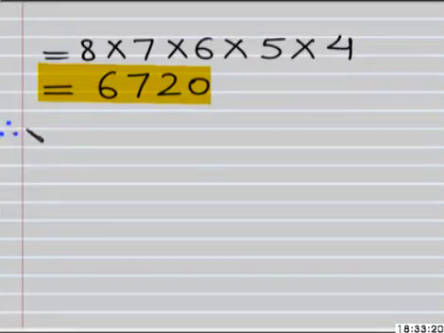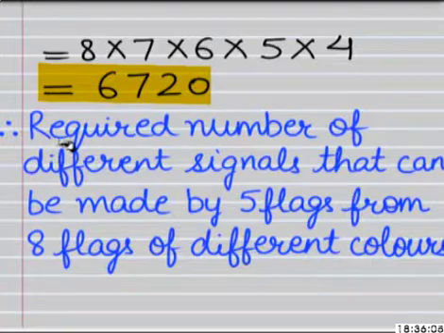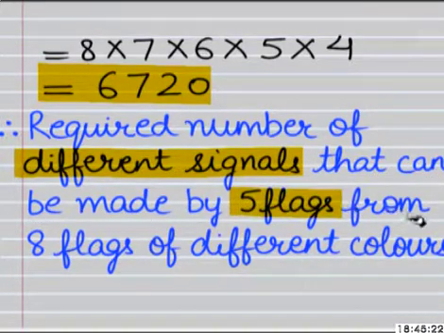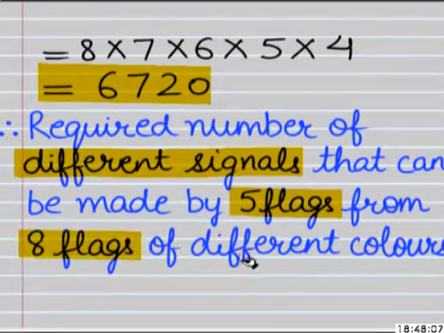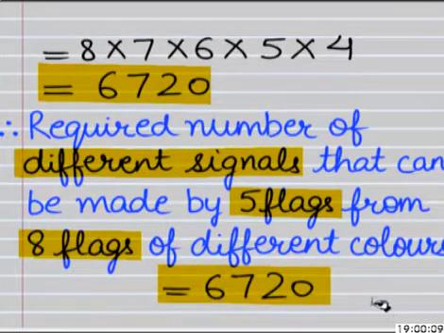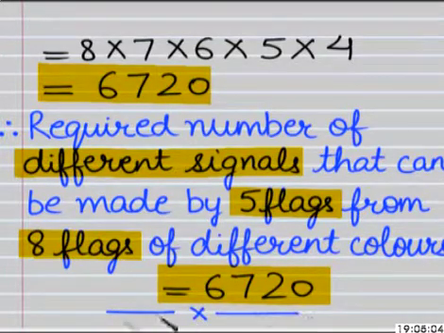Therefore, we have required number of different signals that can be made by 5 flags from 8 flags of different colors is equal to 6720. Hence, this is the required solution.